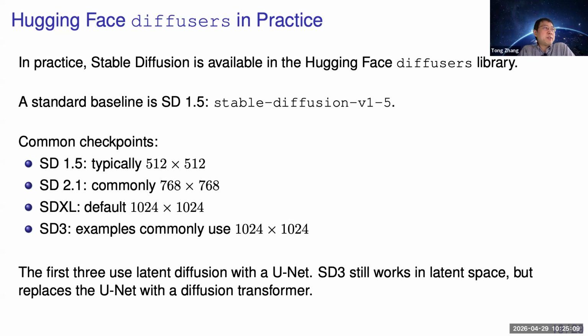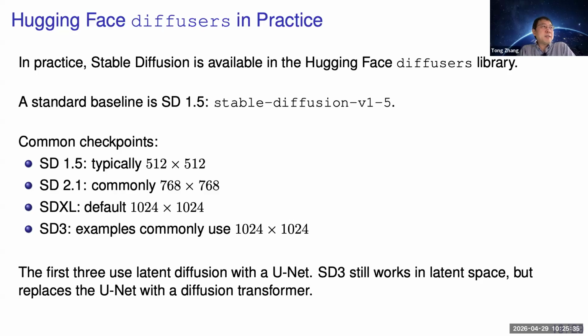The first three are the older versions, with a UNet. SD3, Stable Diffusion 3, still uses latent space, but it uses a diffusion transformer already, and flow matching instead of diffusion. We'll talk about both the diffusion transformer and flow matching in the next class.